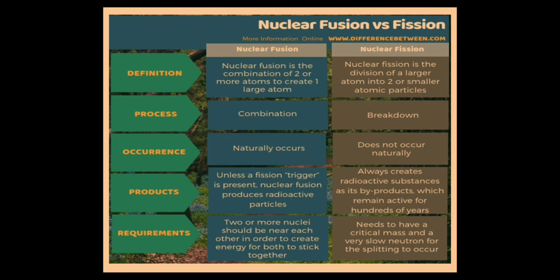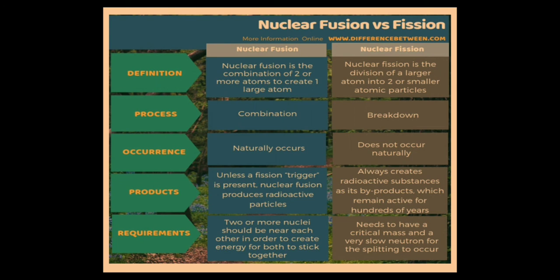The difference between nuclear fusion and fission. The definition of nuclear fusion is a combination of two or more atoms to create one large atom, whereas nuclear fission is exactly the opposite, that is, the division of a larger atom into two or more smaller atomic particles.